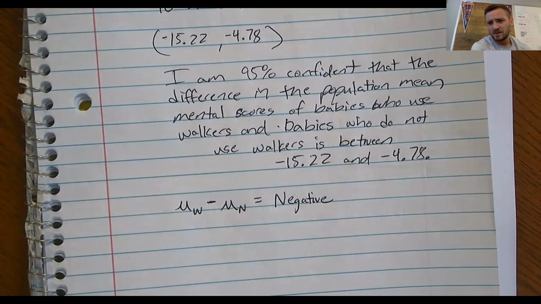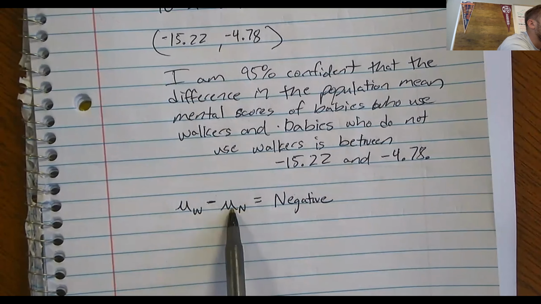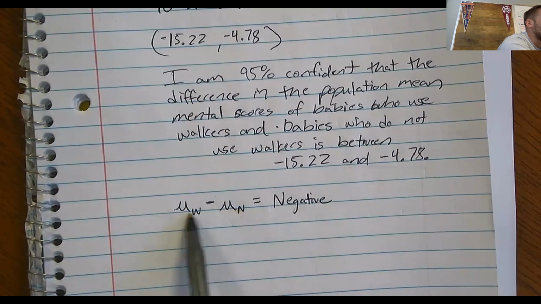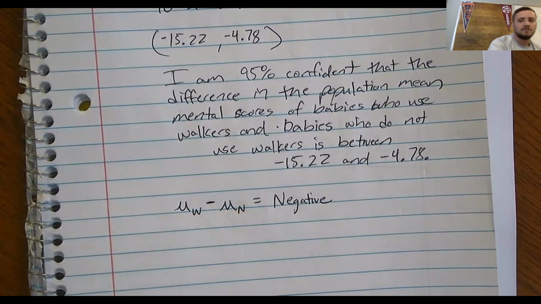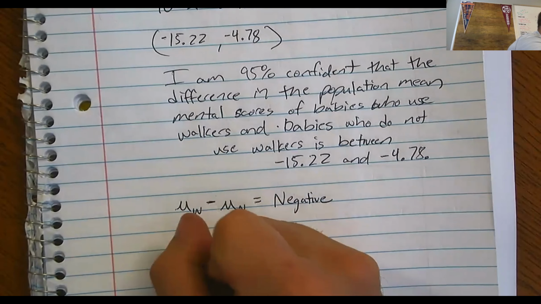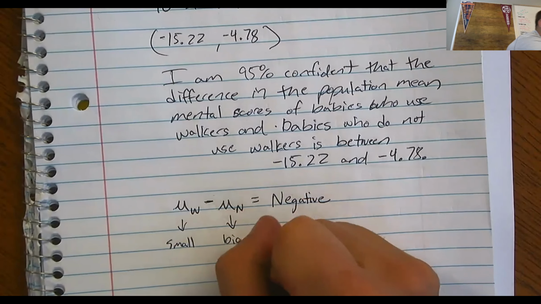Now, wait a second. If you subtract two numbers and you get a negative result, what does that mean for your two numbers? All right, hopefully you can answer that. Really think about it for a second. If you subtract two numbers and you get a negative result, it means that the first number is small and the second number is bigger.